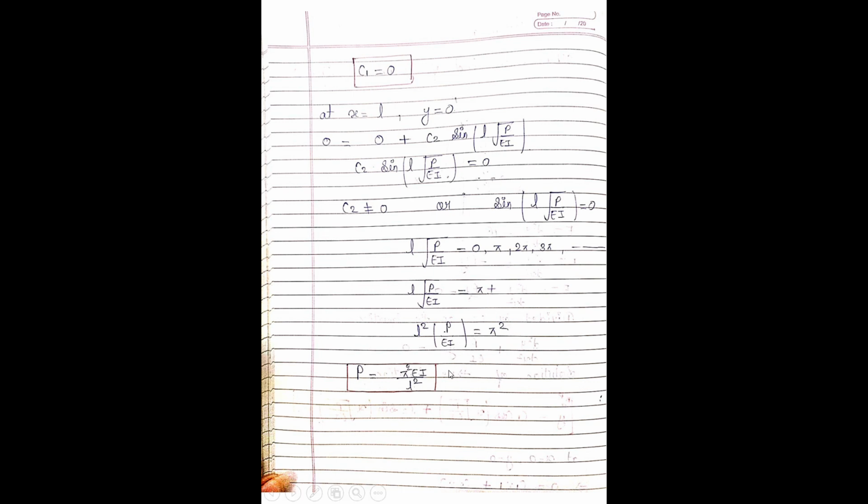So the buckling load or critical load or crippling load P can be calculated by using this formula, pi square EI divided by L square.